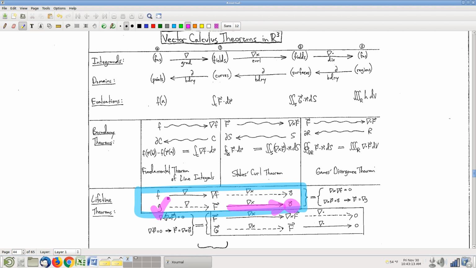We've done a lot with those. There are four different versions of these theorems, but they fit together very nicely with this idea that everything has a lifetime of 2. So for a function, take the gradient, get a vector field, take the curl and get 0, because that makes 2 steps.